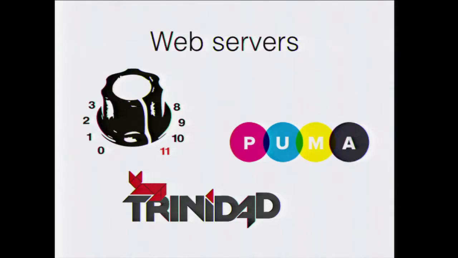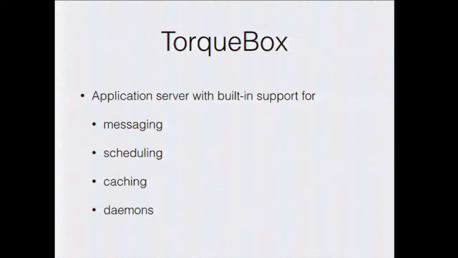Another one is Puma, written by Evan Phoenix. And finally, Trinidad, which is based on the Tomcat server. Torquebox is one that is built by Red Hat.